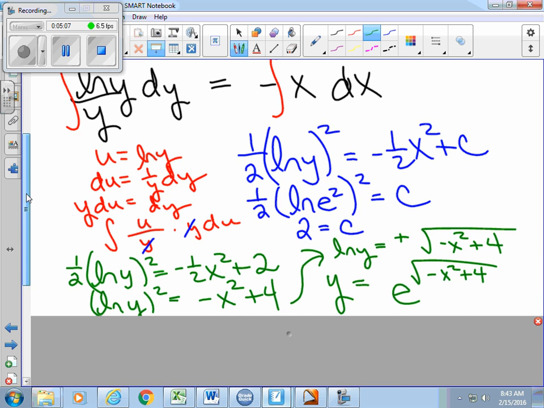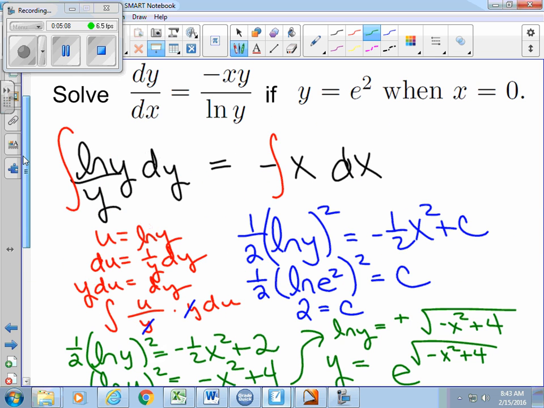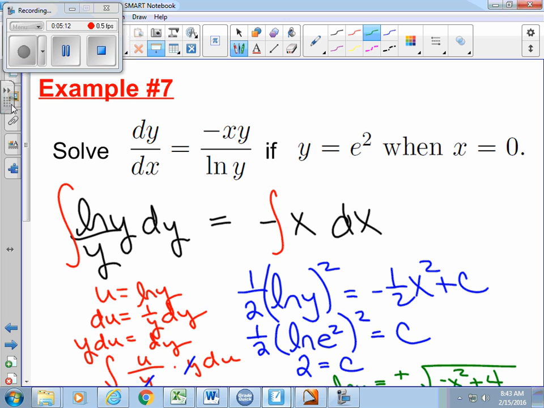Remember, I have to think about both of those when I'm thinking about domain. What are the three big problems with domain that we have? Okay, and what causes undefined? Fractions, square roots, and logarithms. We have all three of those things. Yay!